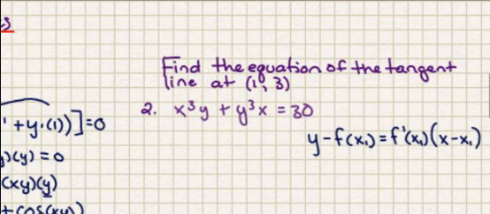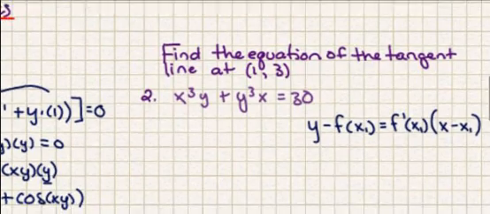There's other ones like y minus y1, which is the same as f of x1, equals the slope. So the slope is the derivative of the function, so that's why I wrote it out as f prime x1 times x minus x1. So I don't know if you remember from high school, y equals mx plus b. It's pretty much the same thing. I'm sure your teachers told you there's a million ways of finding the equation of a line.